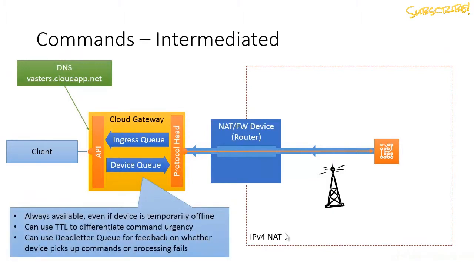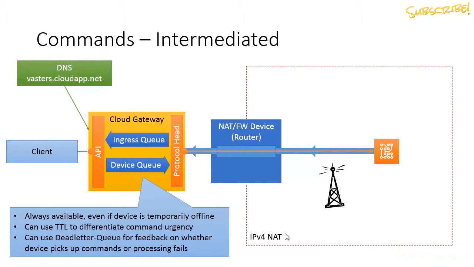The advantage of having this device queue is, first of all, as I said, the separation of the API layer and the protocol head layer, so between the cloud side and the device side. If the device were to lose its connection because it sits on radio, it will reconnect. It will reestablish a connection.